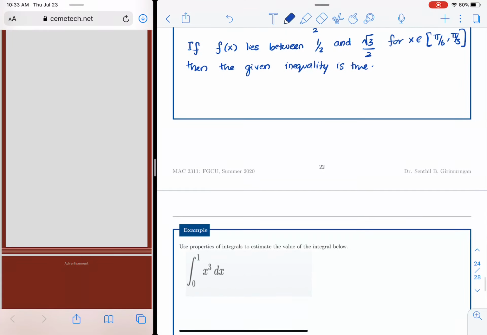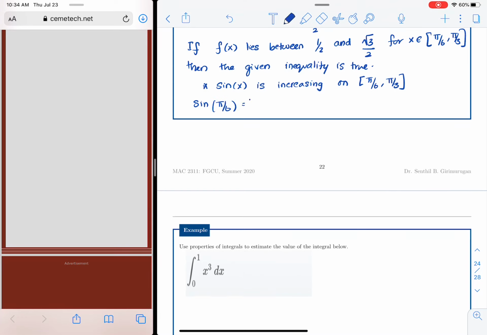Now, sine x is an increasing function on that interval, which means it is going to start at sine pi over 6 and it's going to go to sine pi over 3. So what is sine pi over 6?